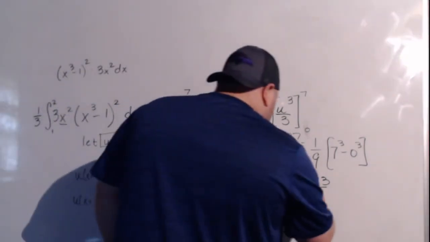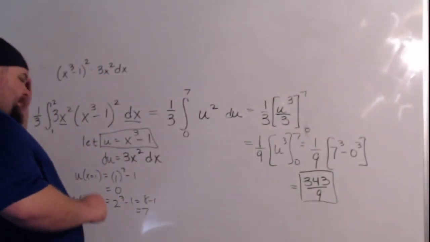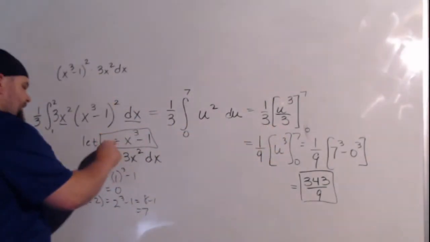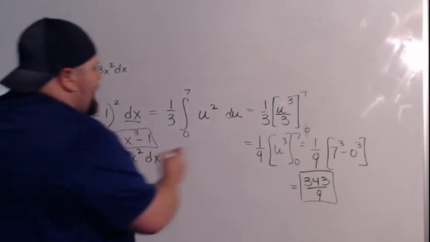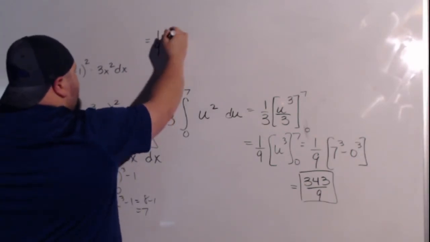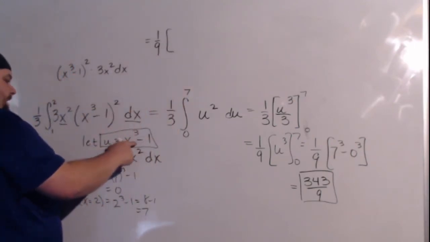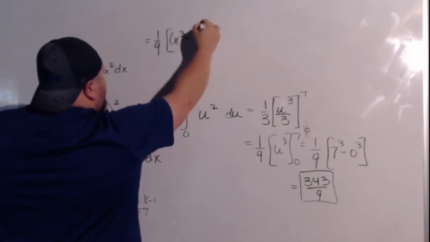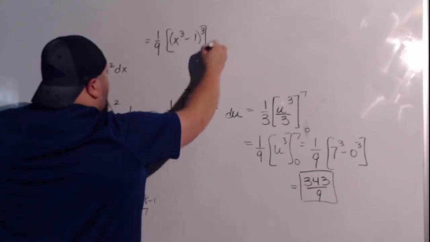So let me go ahead and do it the other way as well. So I could have integrated, back substituted for x, and then used the old bounds. So the other way would have had 1/9 u cubed, replacing u with x cubed minus 1, so x cubed minus 1, cubed, from 1 to 2.